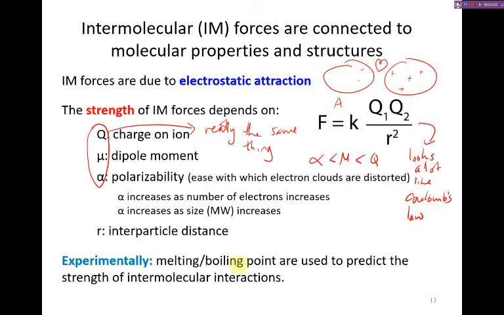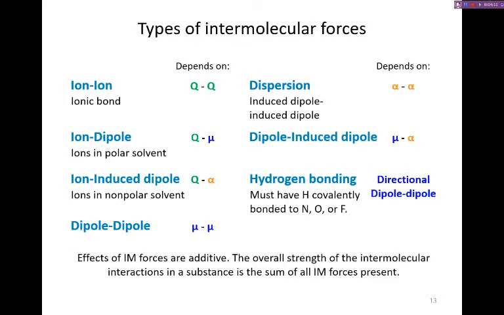And experimentally, we use physical properties such as melting point, boiling point, surface tension, viscosity, etc., to predict the strength of intermolecular interactions. And we'll get some practice doing that. So here's a summary of the different types of intermolecular forces and the factors that they depend on.